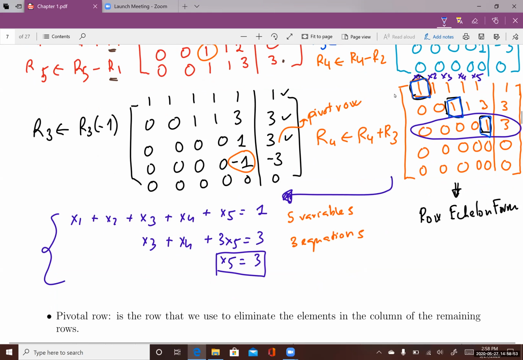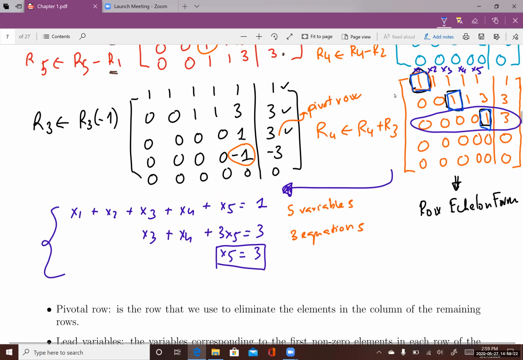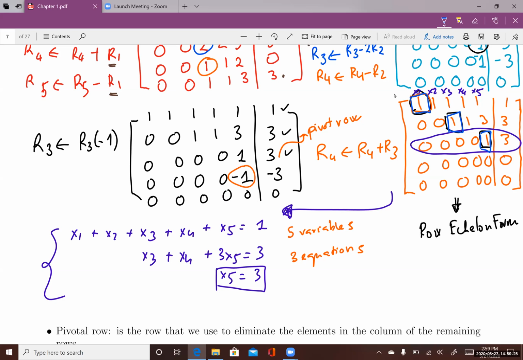That means the leading non-zero coefficients of all the pivot rows are in the pivot positions. And since this pivot position is in the first column, the first column here is the pivot column, right? So you have pivot row, and then you also have pivot position and pivot column.